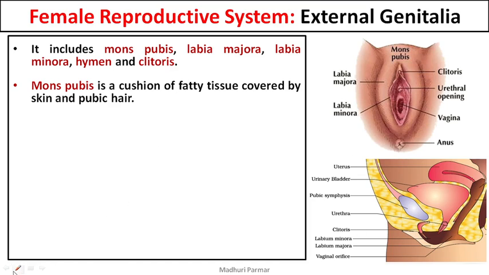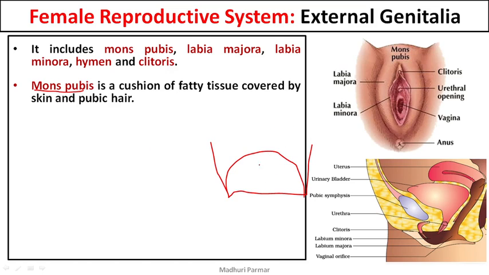Now, if you remember, I told you about the pubic bone, right? On top of that pubic bone, there is the presence of mons pubis. So in front of the pubic bone, you have mons pubis.